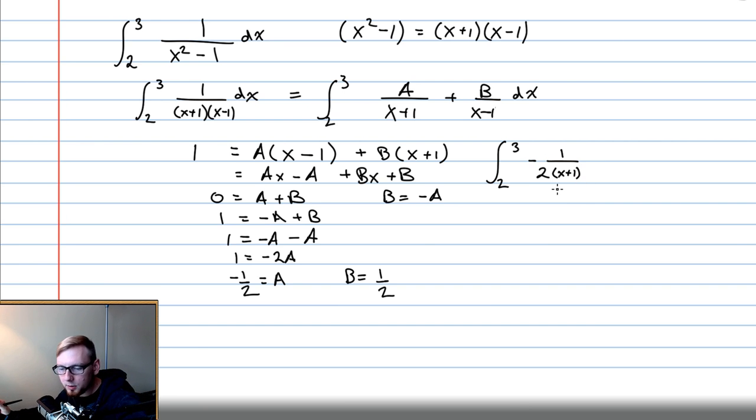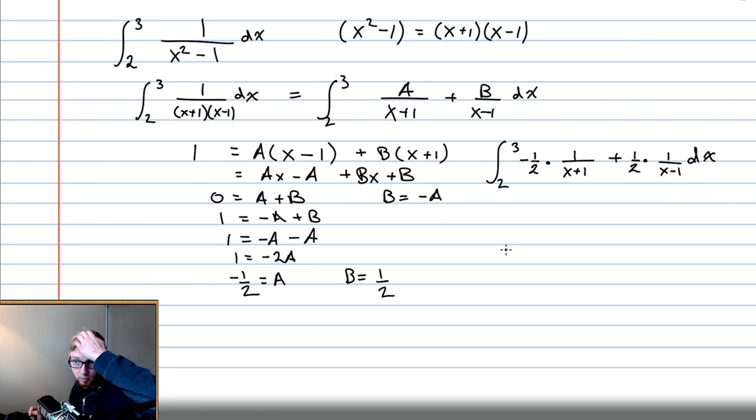You know what? For simpler sake, I'm going to write it as a constant in front. Minus 1/2 times 1 over x plus 1. And then b is 1/2, so plus 1/2 times 1 over x minus 1 dx.